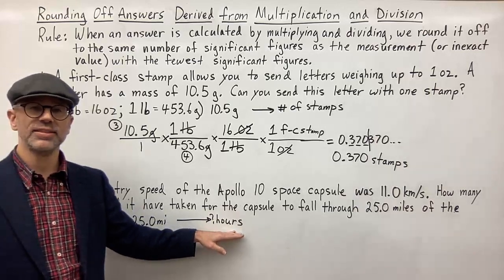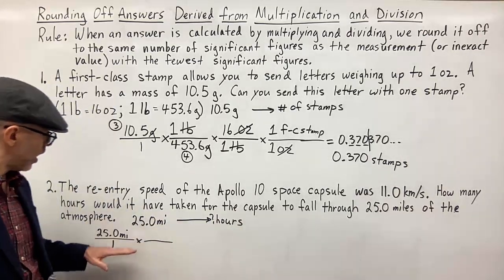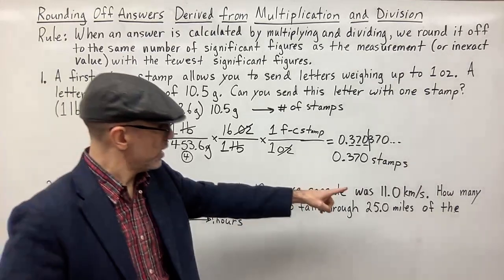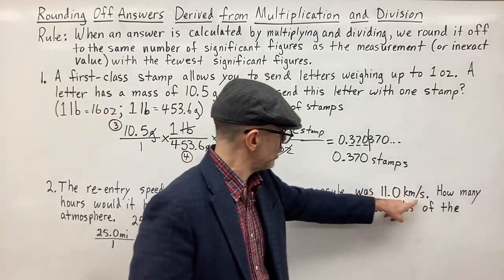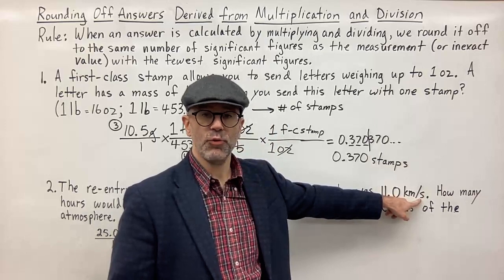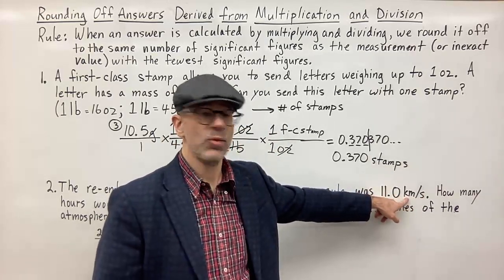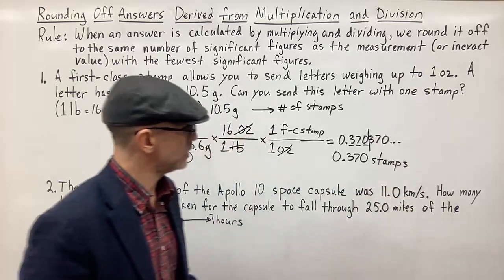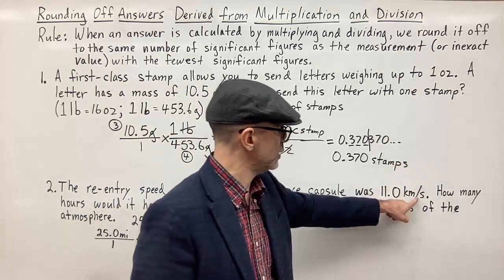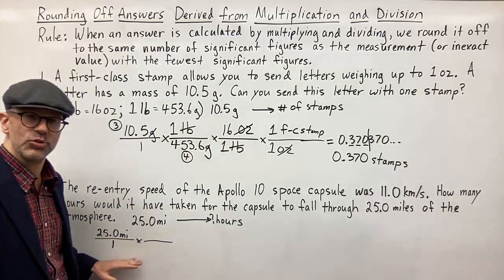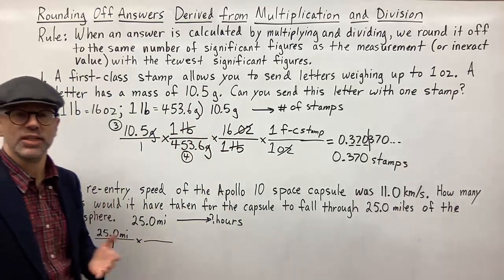Because hours is a time, we need to convert our miles to a time unit. We need to use this. If we could convert to kilometers, then we could use this to convert to time, seconds. So we're given miles, and we need to convert miles to kilometers.